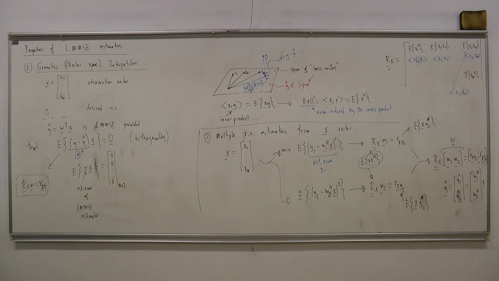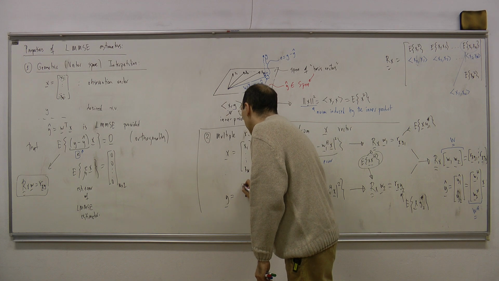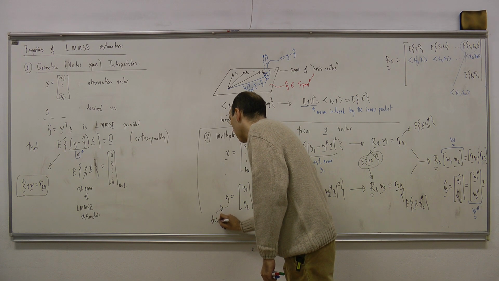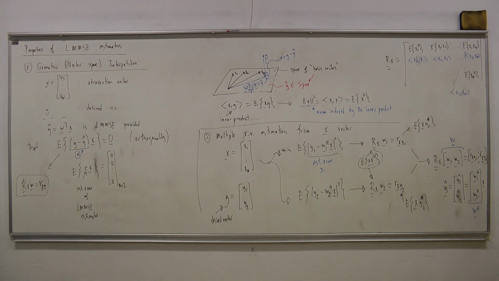Or I can write this as W matrix Hermitian of X. So as you see, if I'm interested in multiple variables, so let's say that I'm interested in 2 variables, so desired vector this time is something like that.